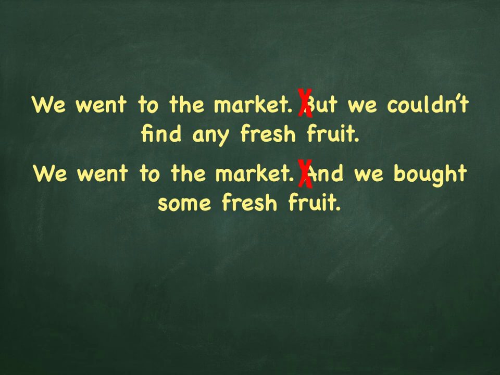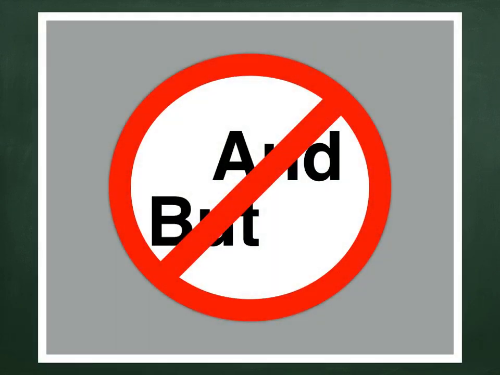You may see it sometimes in writing. For you, it's not a safe choice when you're writing. So please never start a sentence with and or but. And this rule is also true for or.